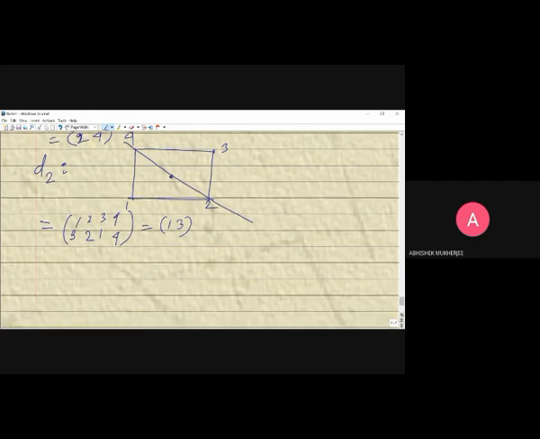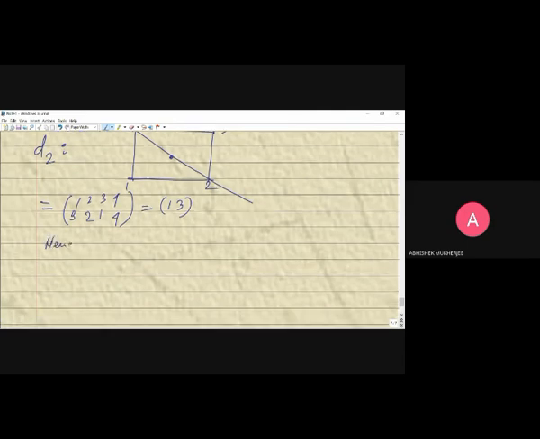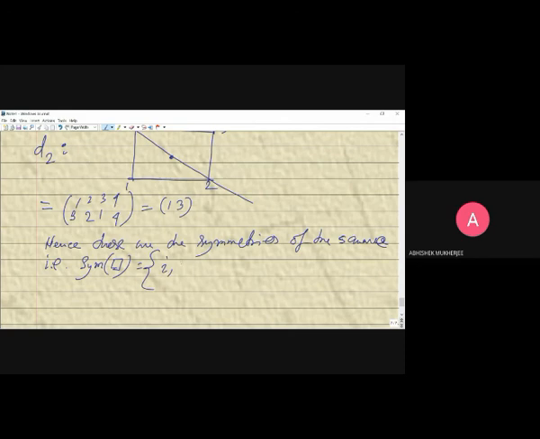So these are the symmetries of the square. That is, it has the identity map, and then you have sigma 1, sigma 2, sigma 3.